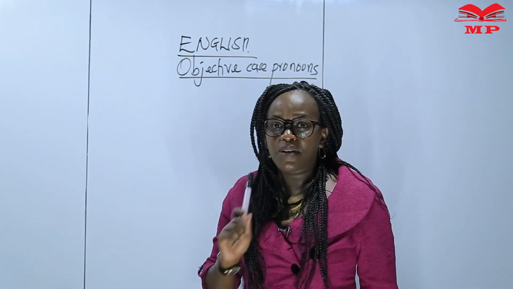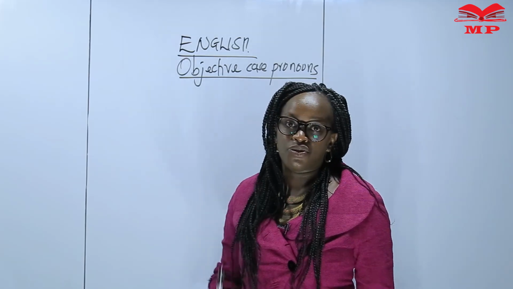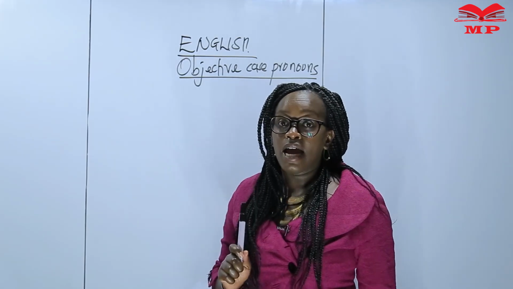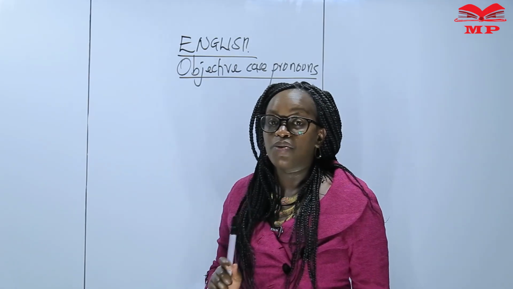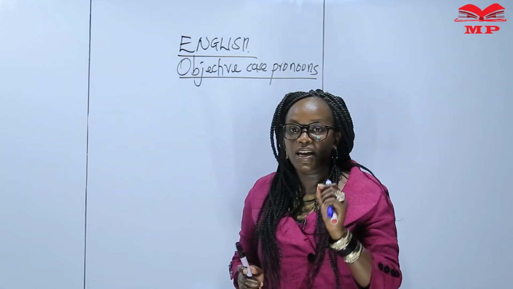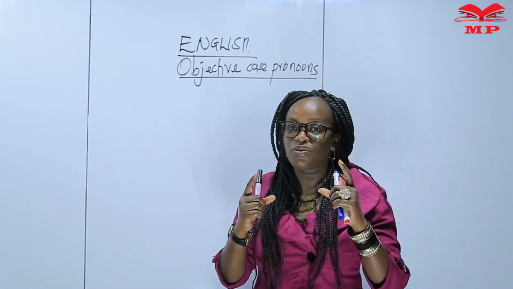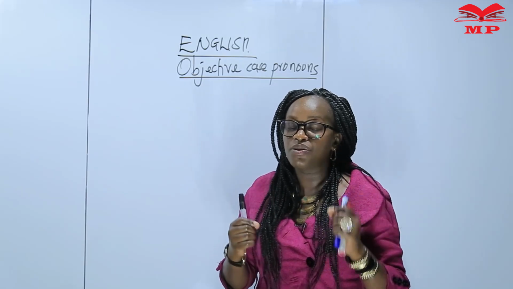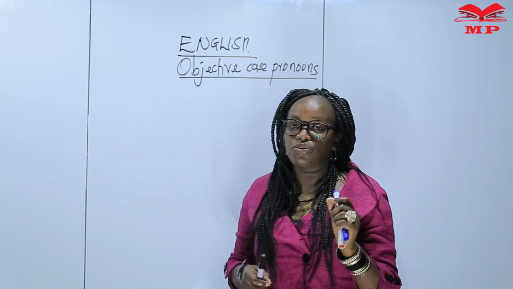Remember, as much as nouns are naming words, they can play different roles in a sentence. A noun can be used as a subject in a sentence, and it can also be used as an object in a sentence. Sometimes, when you do not want to do a lot of repeating, you replace the noun with a pronoun, of course, to make your speech or your writing sound more natural. That is why you make use of pronouns.